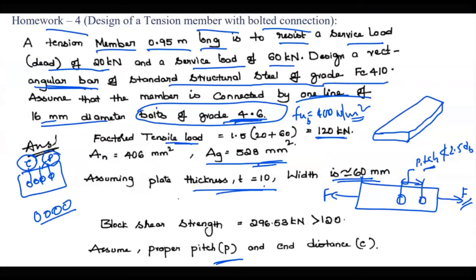So what is the edge distance? It is the distance between the center of the hole and the nearest edge of this plate, where this is the edge of the plate. The distance from the edge of the plate to the center of the first adjacent bolt is called E. This has to be greater than 1.5 times the diameter of the hole, not the diameter of the bolt, the diameter of the hole. So that is how you have to calculate here.